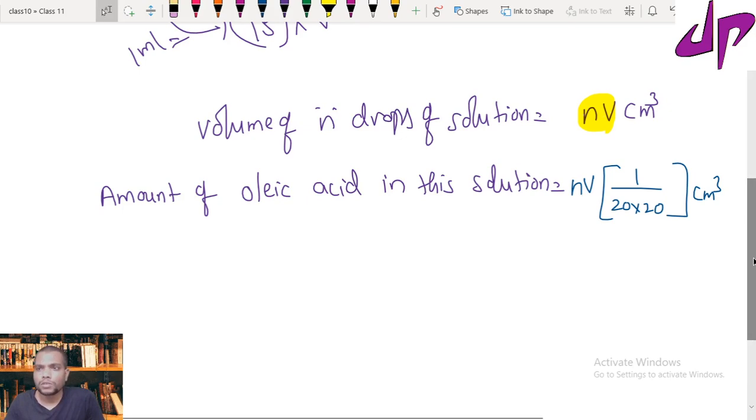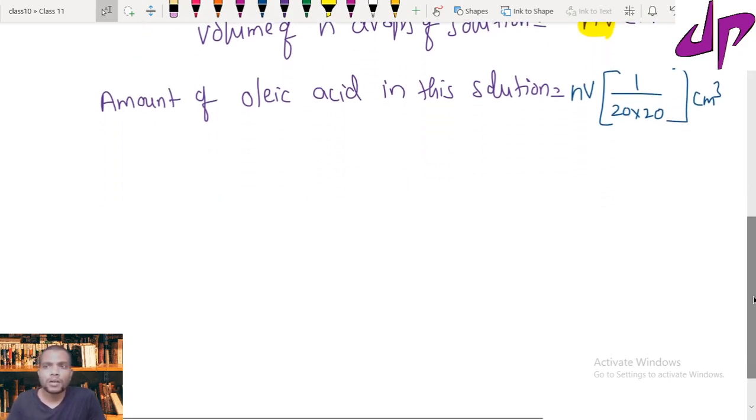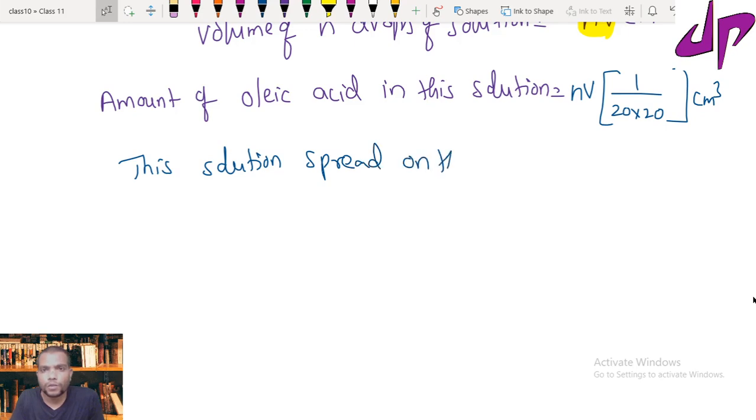Now this solution of oleic acid is spread over the surface of water.